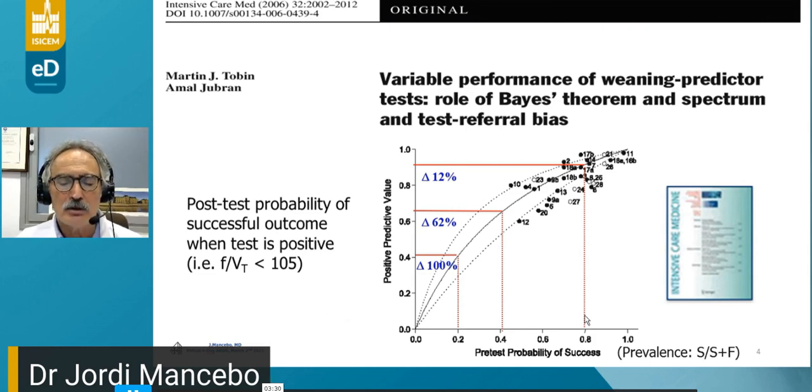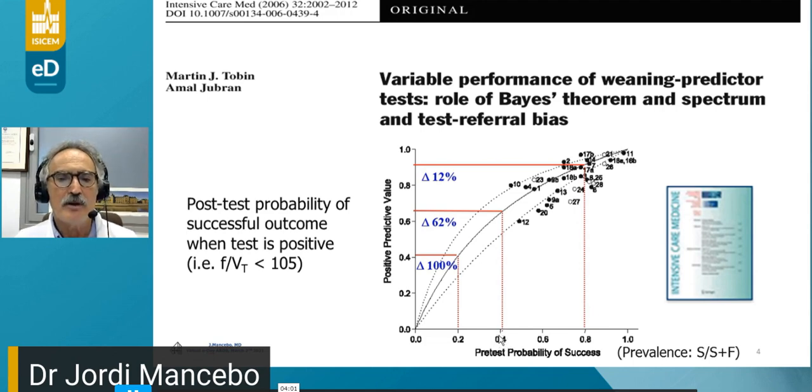On the horizontal axis, you see the pretest probability of success. On the vertical axis, you see the positive predictive value, or the post-test probability of successful outcome. You see that this test, the f over VT, is extremely useful when the pretest probability is low, below 50%.